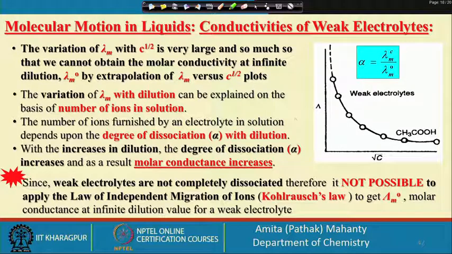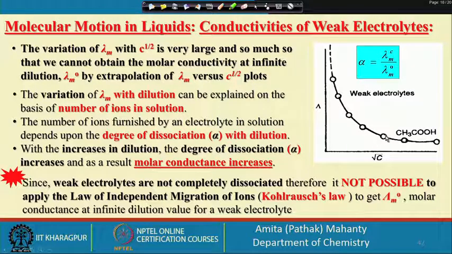In previous strong electrolytes, if you remember, we plotted like this and extrapolated to get the value of lambda naught, tending C to 0. But in this diagram it is very difficult to extrapolate and get the lambda naught value from the plot of lambda versus C, because the graph is not linear and the drop is very sharp.